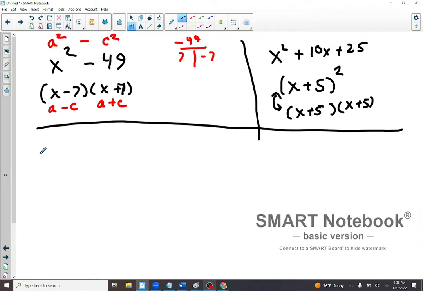Next one. 4x squared minus 15 equals 45. This should, no. Not 40. I want to make it so it works. Is it going to work on the test also?